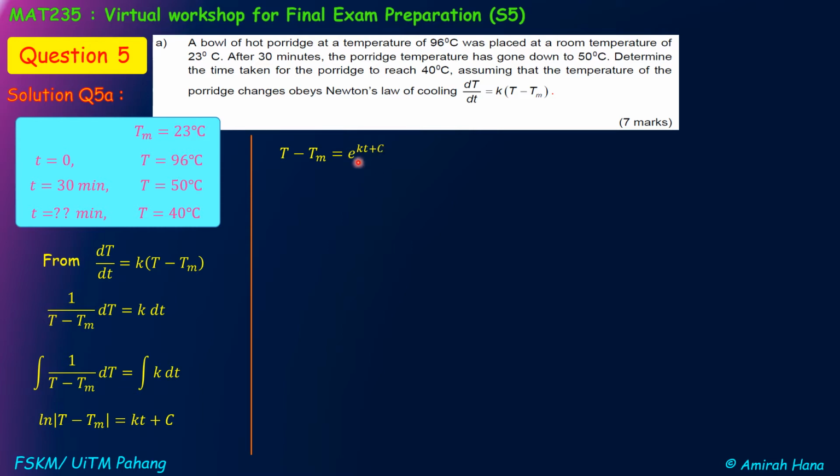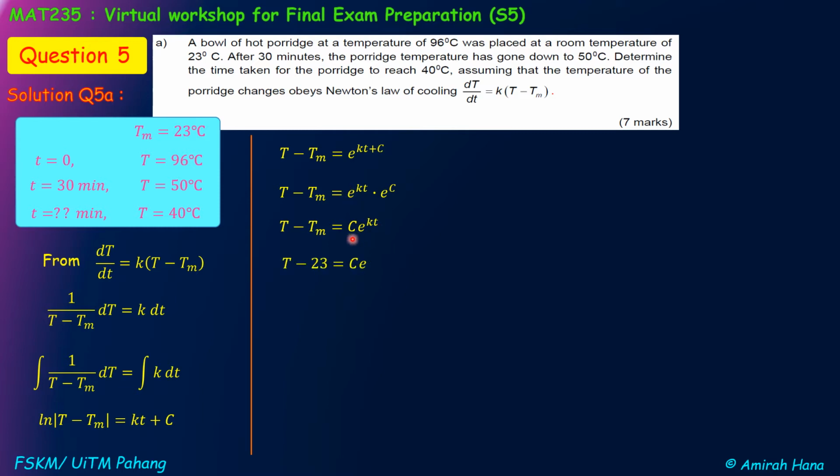Using the properties of indices, we can split e to the power of kt plus C into e to the power of kt times e to the power of C. E means Euler's number, 2.718 something, which is a constant. A constant to the power of a constant equals a constant, so we write e to the power of C as constant C, times e to the power of kt.